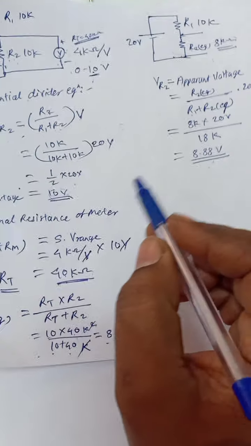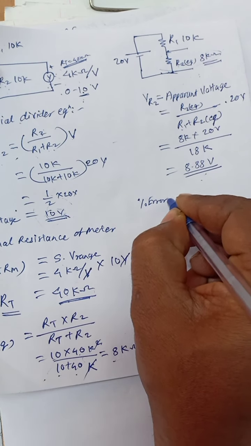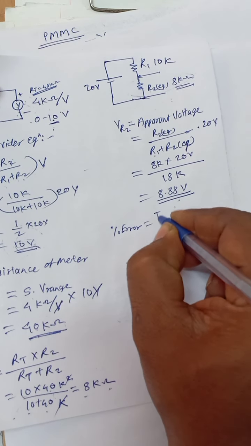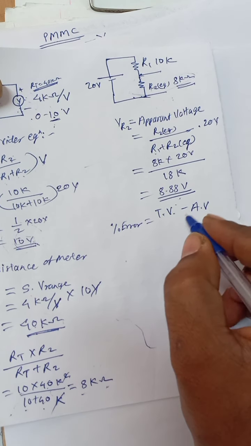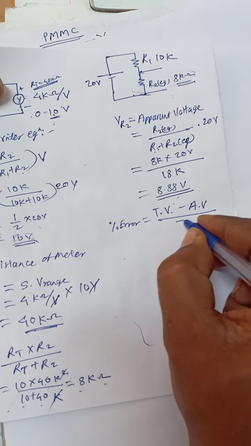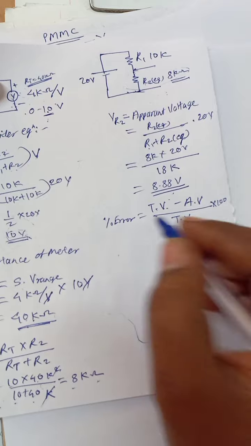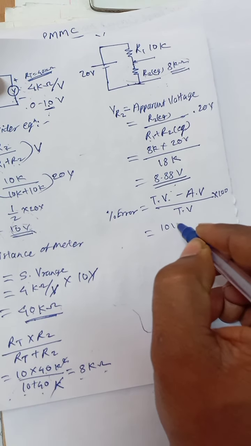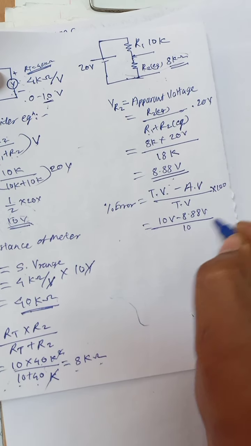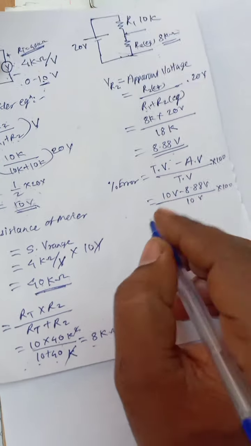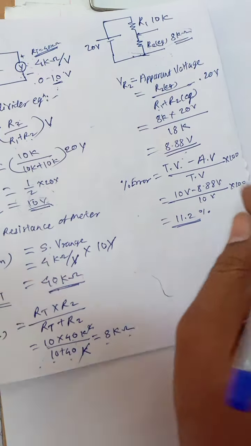So this is the error, and you can calculate the percentage error by using the formula true voltage minus apparent voltage divided by true voltage into 100. So it is 10 volt minus 8.88 volt divided by 10 volt into 100, and we get 11.2% error.